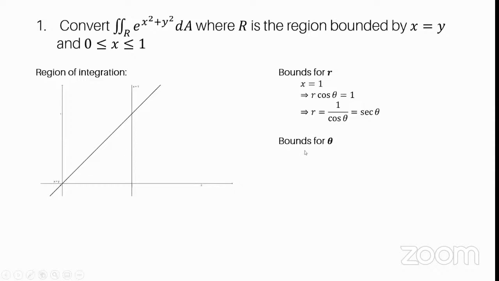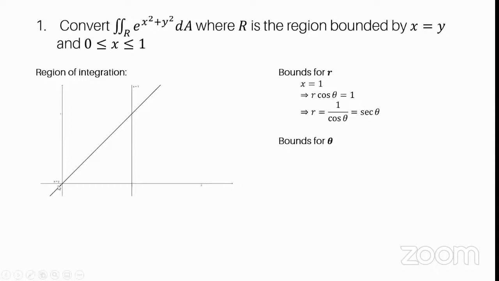Now, for the bound naman ni theta, kung mapapansin nyo, laging dito tayo mag-start sa positive, kung sa Cartesian tayo, ito yung positive x-axis. So, going counterclockwise, we start from 0 here. So, from theta equals 0 to kung ano man itong... Diba, sa x equals y, kailan ba nagiging equal yung x at y?